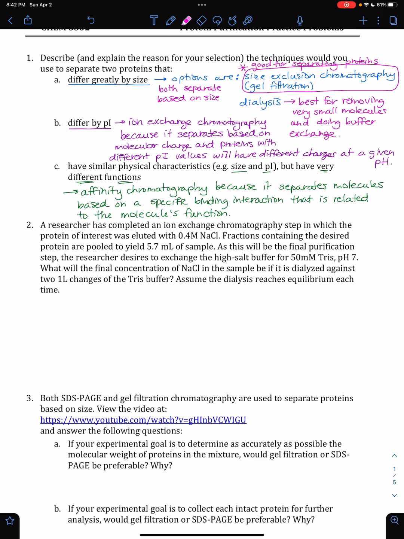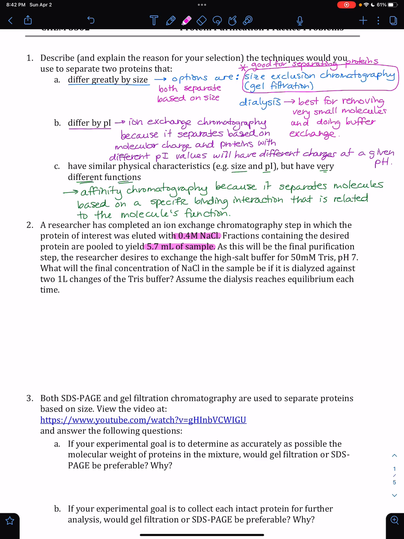They got it to come off the column with 0.4 molar sodium chloride. So that is going to be the concentration of salt in the solution that your protein's in. Fractions containing the desired protein are pooled to yield 5.7 milliliters of sample. So that's how much of that 0.4 molar solution you have.